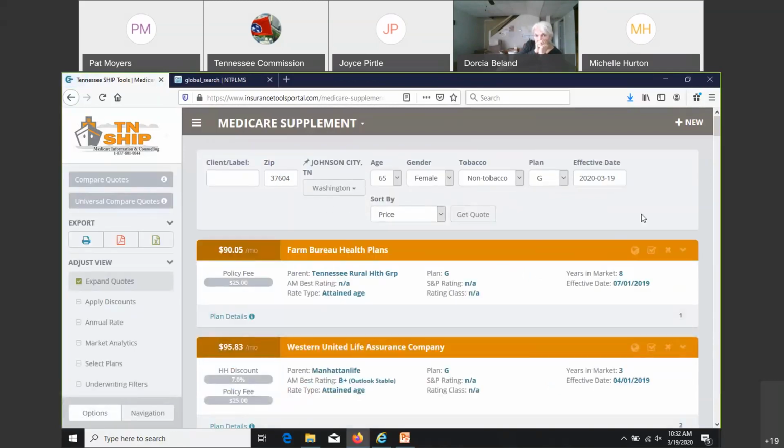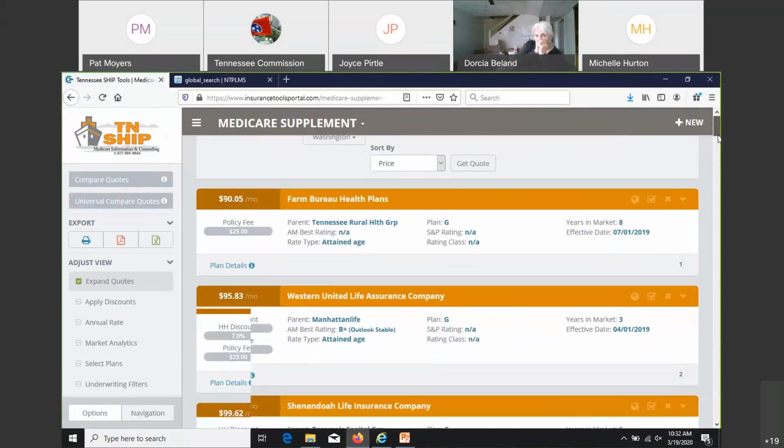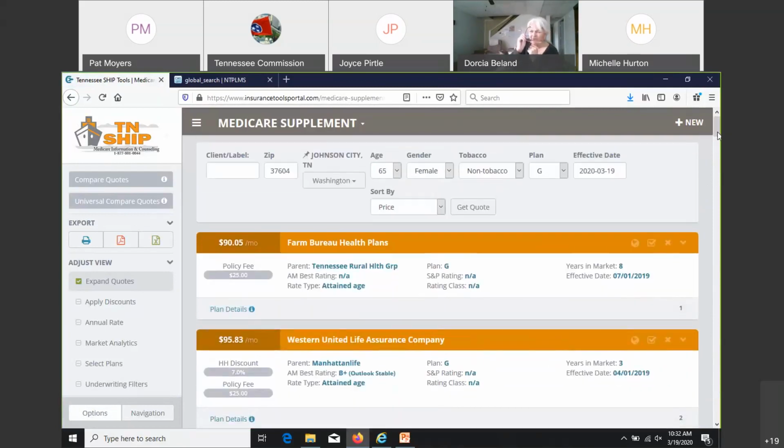Now, it lays out nice and cleanly here all of these different Medigap policies from different companies. If anybody is not aware, these Medigap policies are standardized plans, meaning that whatever lettered plan you purchase of a Medigap policy, no company is going to offer more coverage than any other company. They all are legally required to offer the same level of coverage regardless of what company you go with.